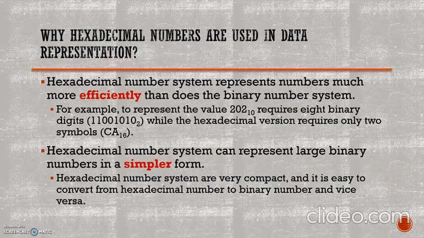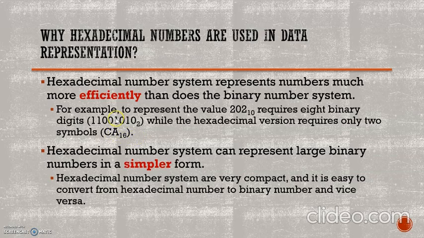For example, the value 2002 in decimal requires 8 binary digits. If we use binary, meaning we have to use 8 symbols or 8 digits, while hexadecimal can represent the same value using only 2 symbols, C, A, base 16.